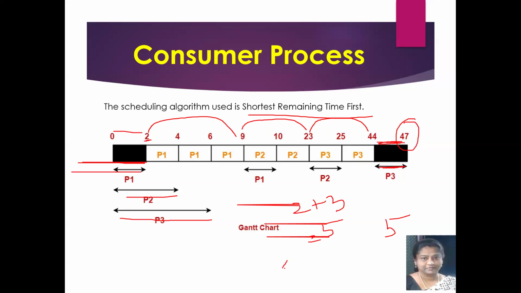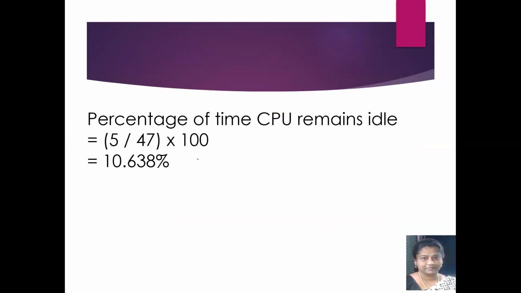So how do we compute the percentage? It is computed as 5 by 47 into 100, which is 10.638%. So this is how we compute for how much time the CPU remains idle. I hope this video was useful to you. Thank you.